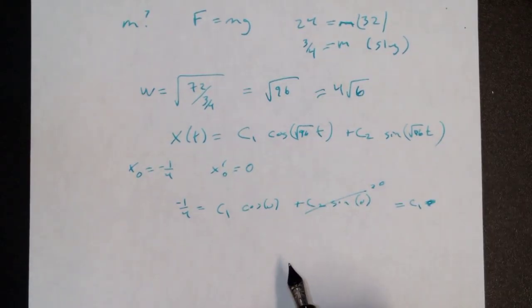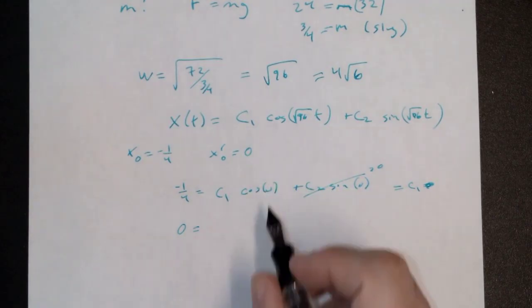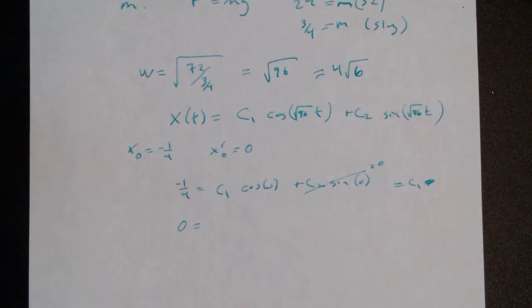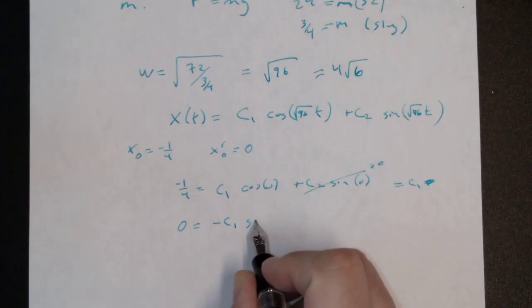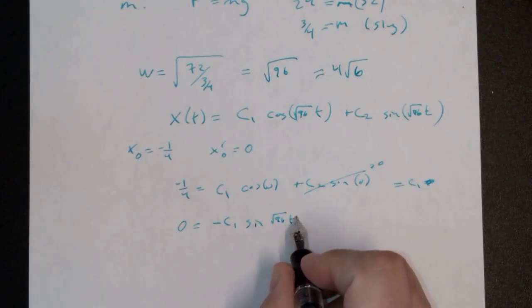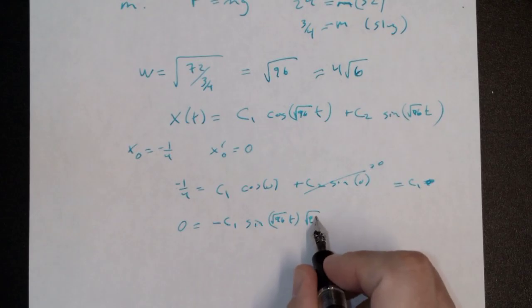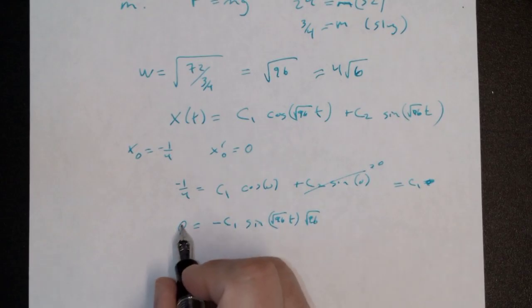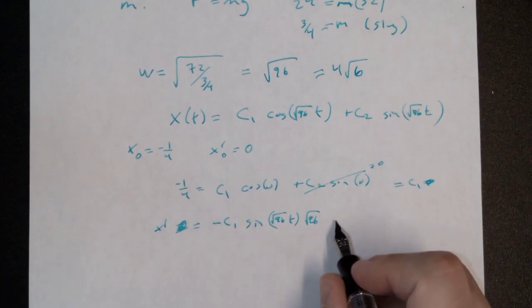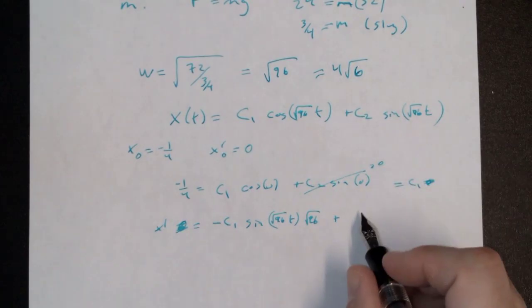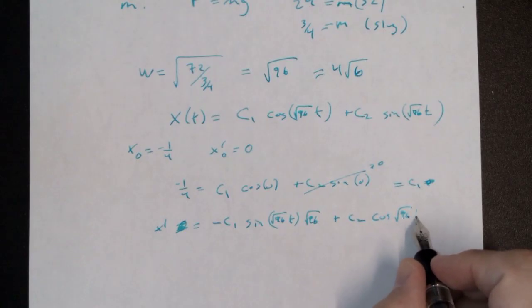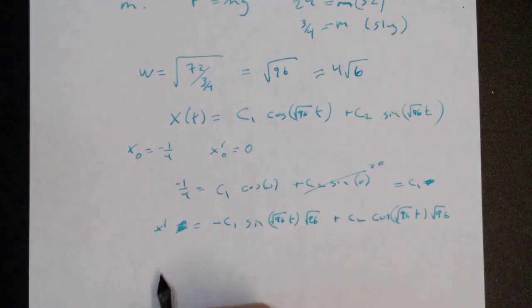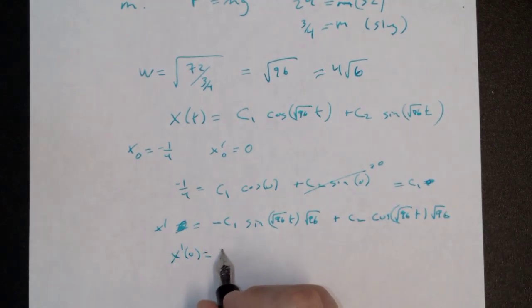Take the derivative. The derivative of cosine, this is not supposed to stump the room. So I get negative C1 sine square root 96t with another square root of 96. Oh, wait, I got to put in 0 there. Let me write this as just x prime. Plus derivative of sine is square root 96t square root 96. So x prime at 0 is 0.